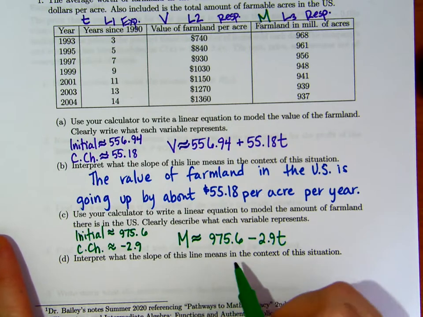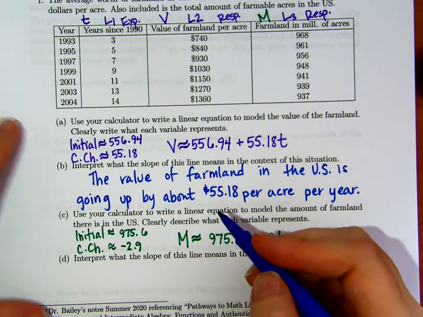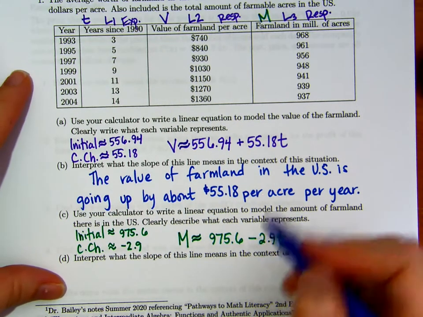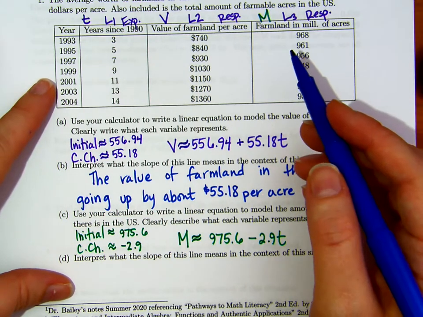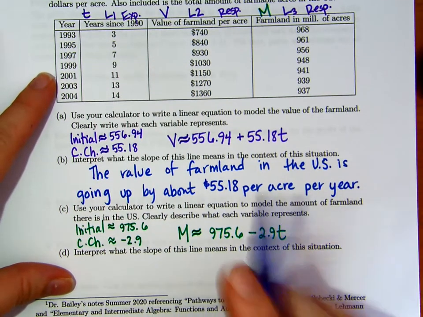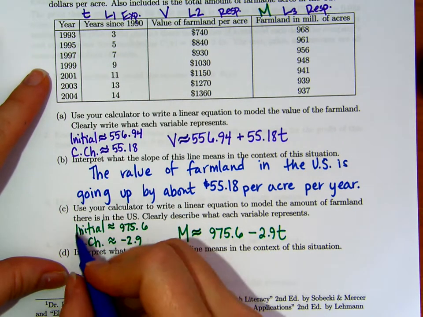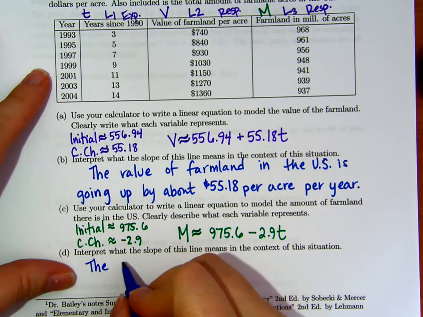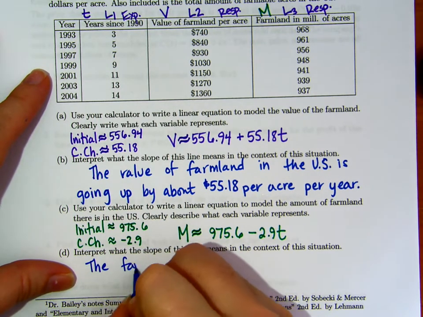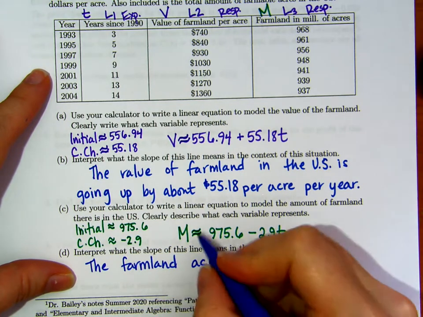Interpret what the slope of this line means in the context of the situation. Yep. So the amount of acres, how about the farmland acreage.